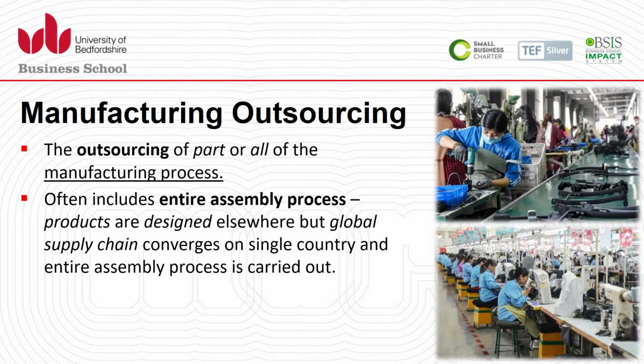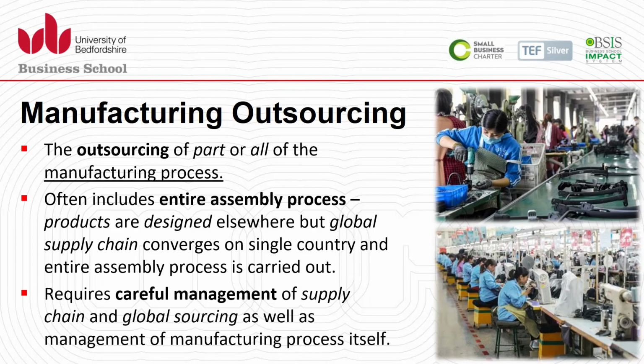Often manufacturing outsourcing includes the entire assembly process. Products are designed elsewhere, but the global supply chain covers a single country where the entire assembly process is carried out for that particular product. It requires careful management of the supply chain and global sourcing, as well as management of the manufacturing process itself.